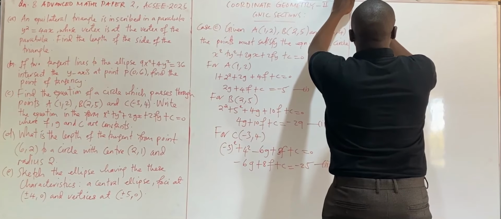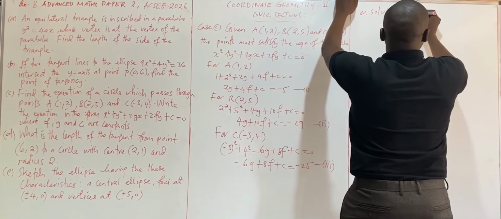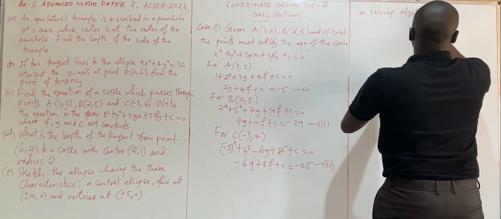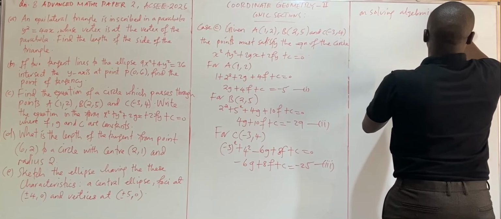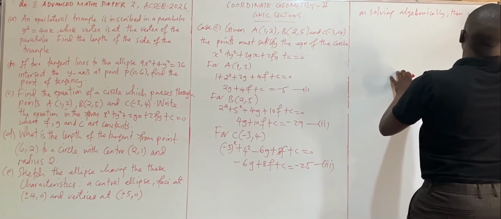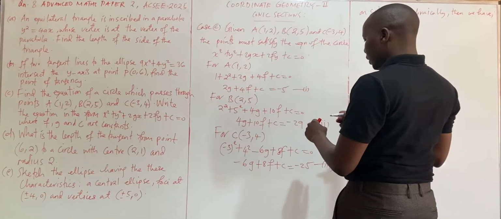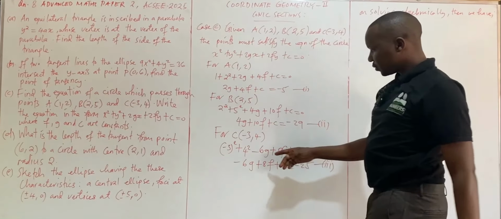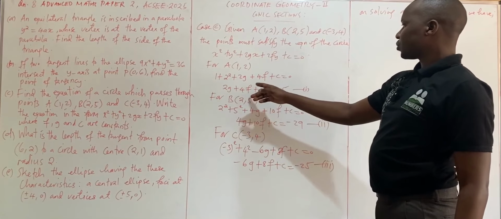Now we are going to solve algebraically. So, on solving algebraically, let's see what we have. Because we have three unknowns, g, f, and c, maybe we can express c in terms of g and f.